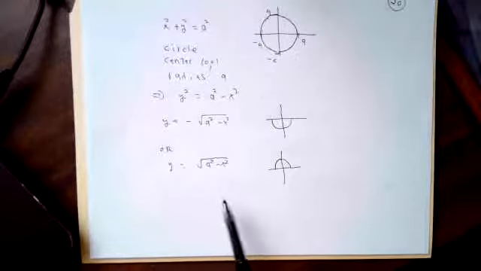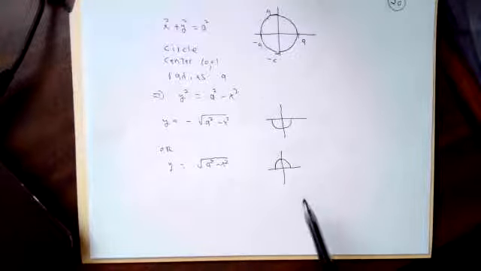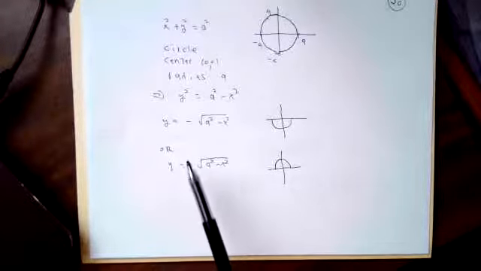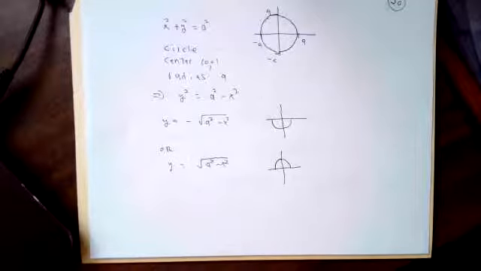So the graph of this is not the entire graph of the circle. It's the part of the circle where the y-coordinate isn't negative. So you end up with the top half of a circle. The other possibility is if y is the negative of the positive number radical a squared minus x squared, that'll make y not positive.